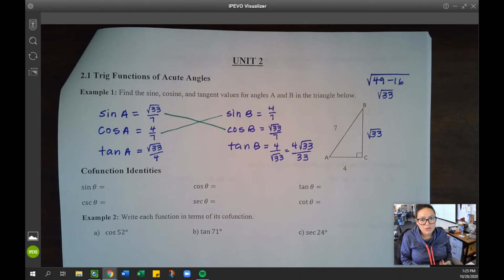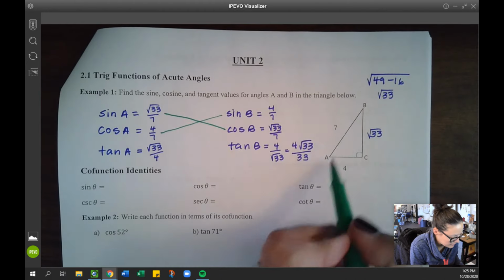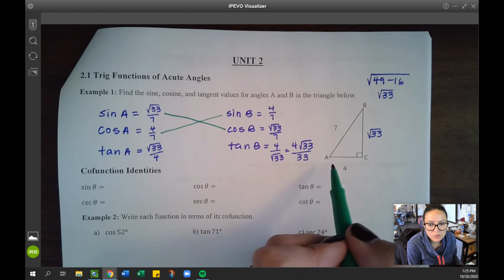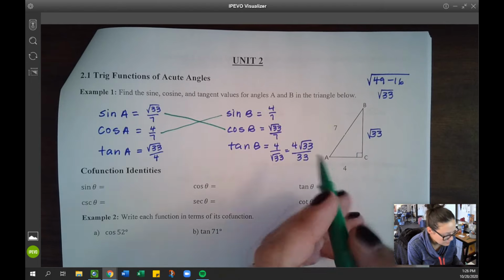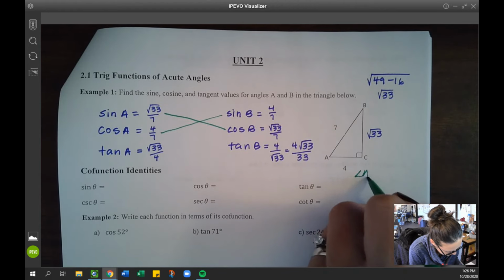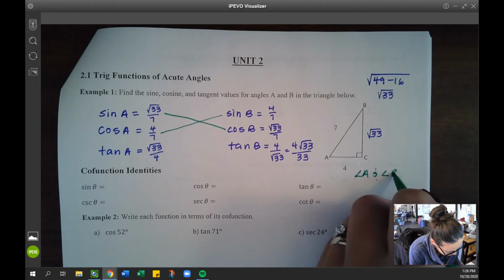Now, let's talk about the relationship between angle A and angle B. We don't know the exact measurement of those angles, but what we do know is that angle A and angle B are complementary.